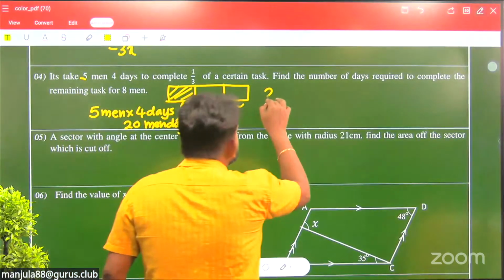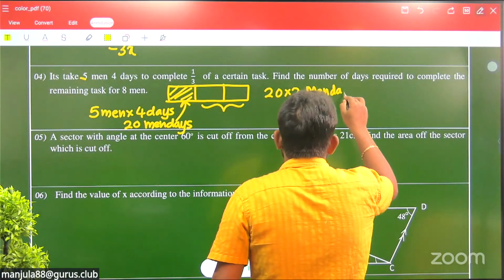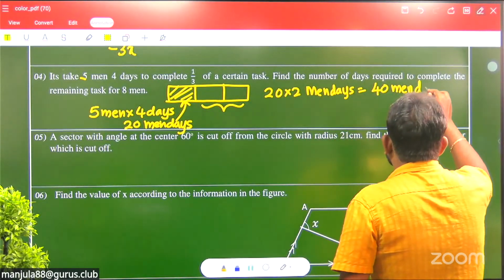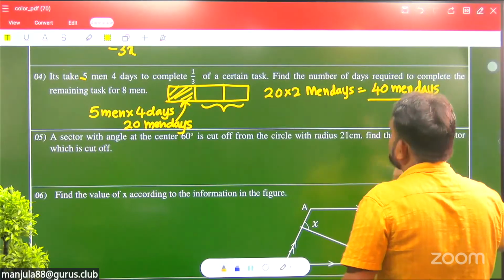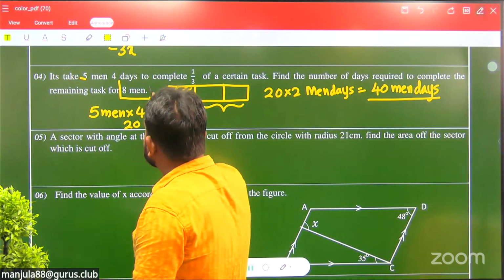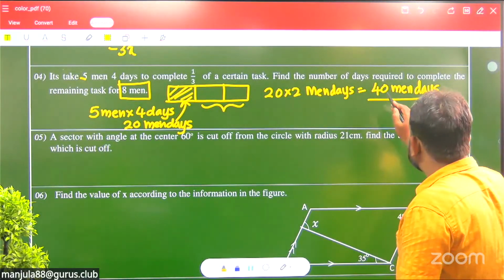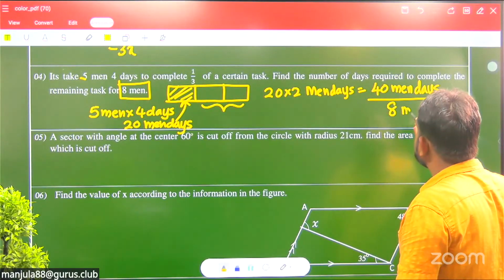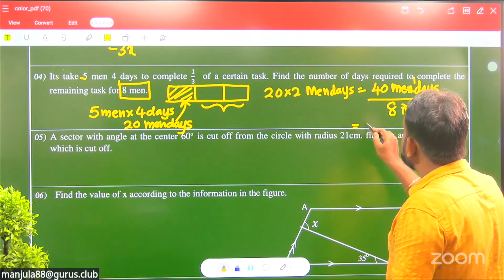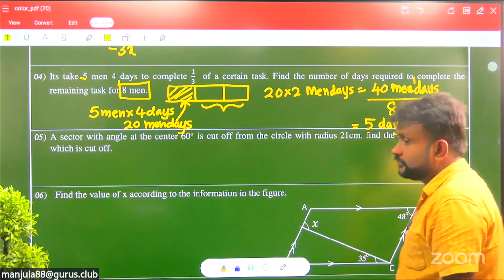So 20 into 2 is the balance work in man days, that is 40 man days. Those 40 man days are to be done by 8 men. So you divide 40 man days by 8 men. The men cancel, and 40 divided by 8 comes as 5 days.